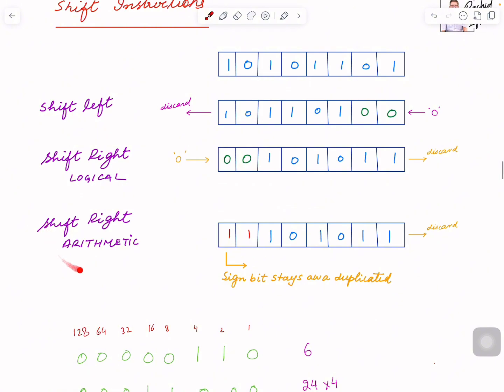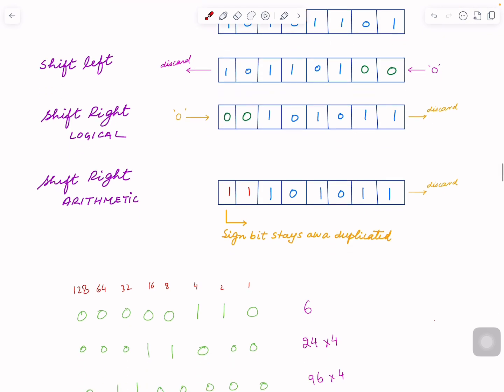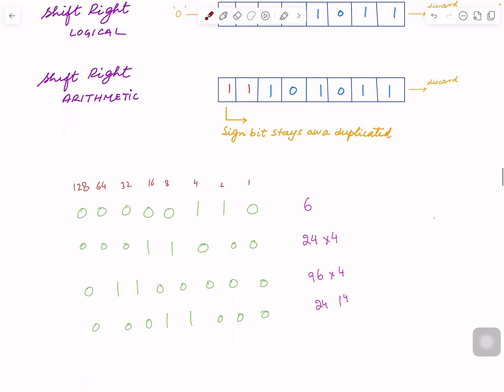The important thing is shift right arithmetic. There is no shift left arithmetic because the sign bit is here. When we shift a signed number, instead of feeding in just zeros, whatever the sign bit is, we extend that. This makes sure a negative number stays negative and doesn't flip the sign bit.